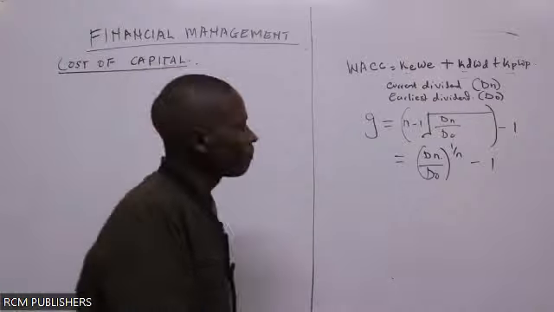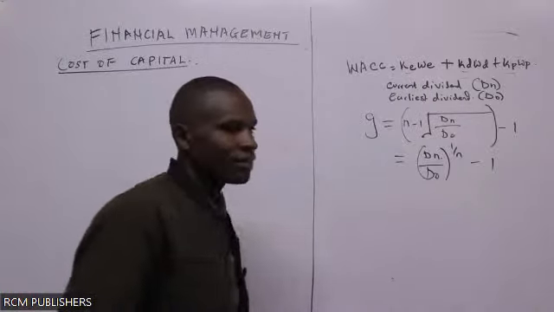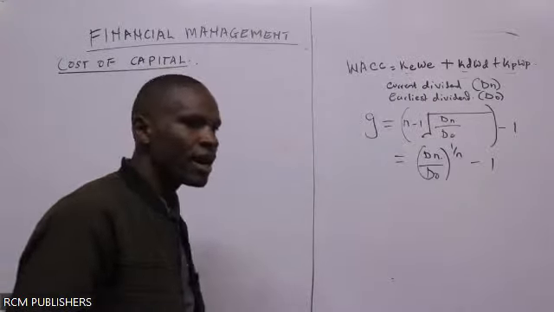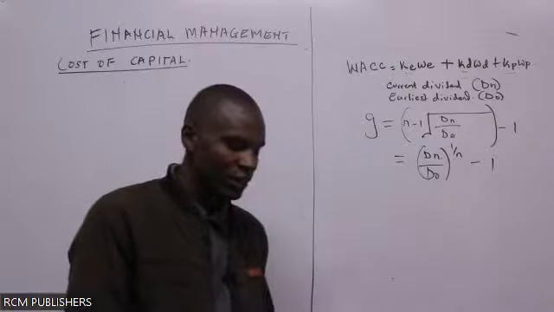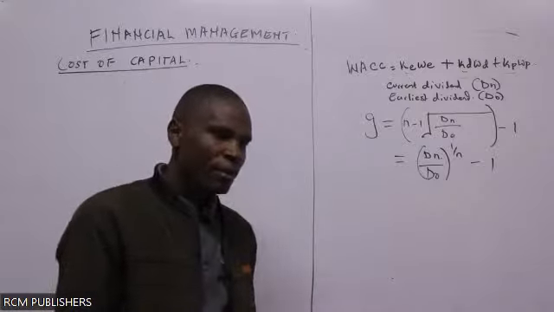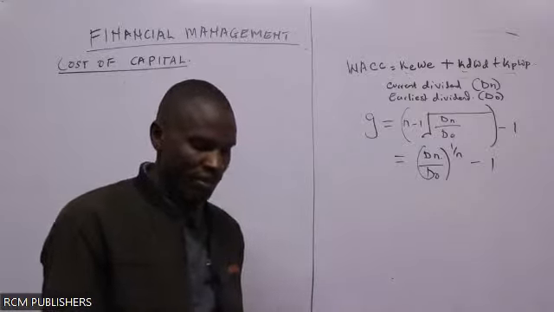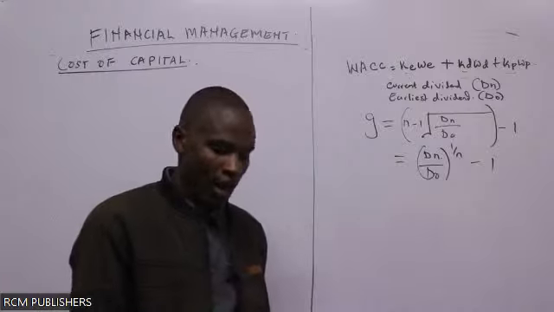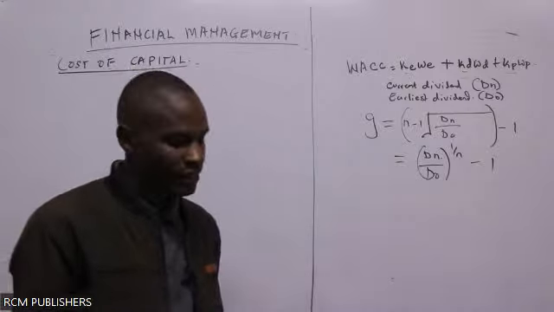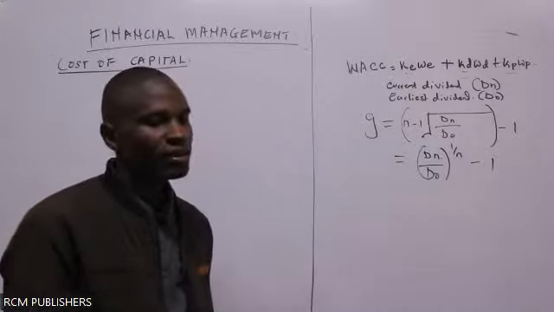So I can say Brian has given us the current dividend for the current year. Just check. Our previous year is 2015, and our current year is 2019. It is clearly shown there.